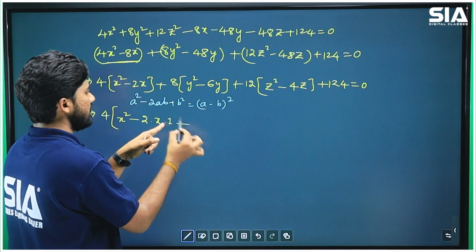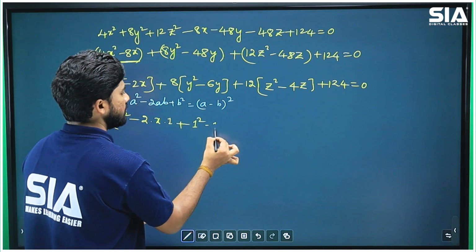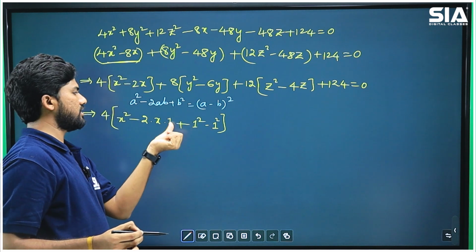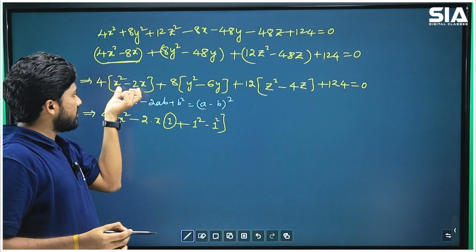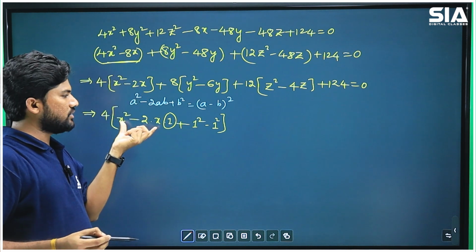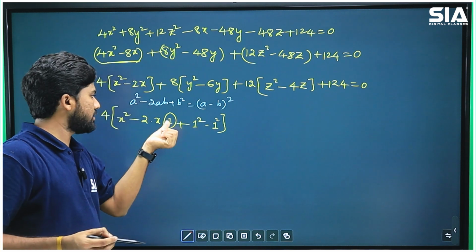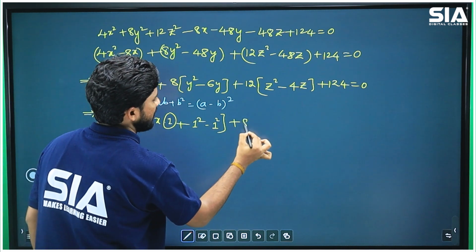So we add and subtract b square, that is 1 square. Whatever b value you get, here the b value is 1, so to justify this, you have to add and subtract b square. We are adding and subtracting 1. The same thing applies here also.